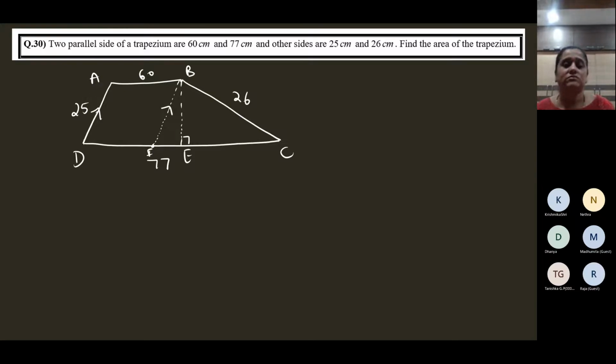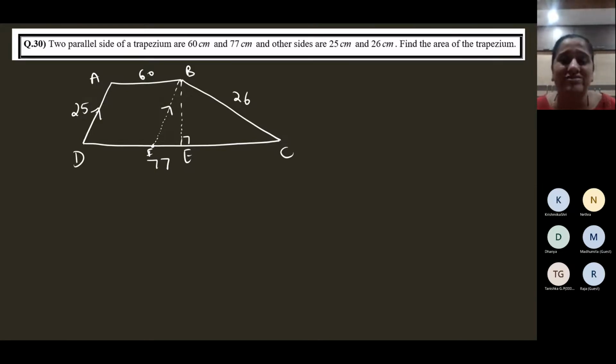We have to drop a perpendicular from B on DC. Very good. And what do you say about BF?